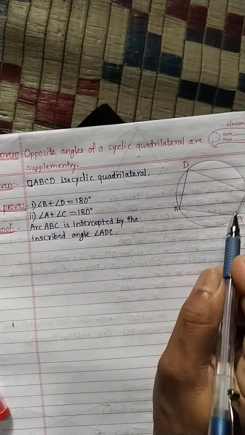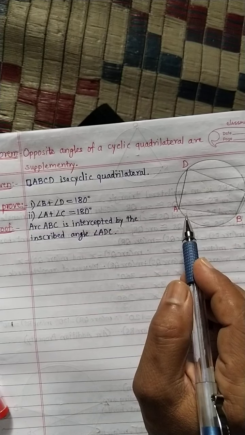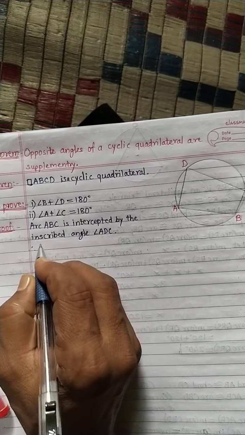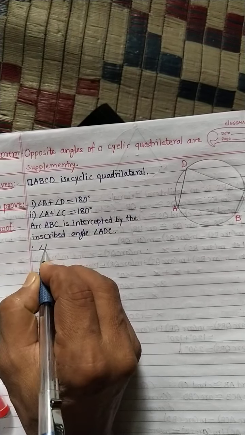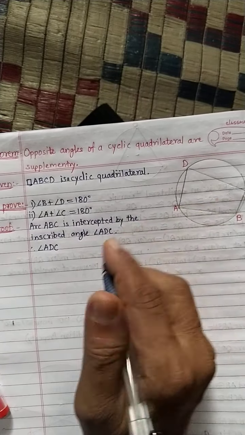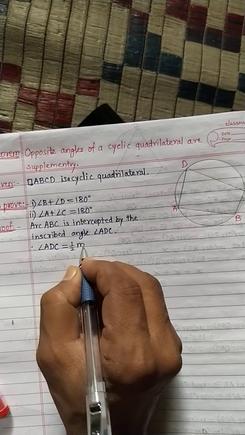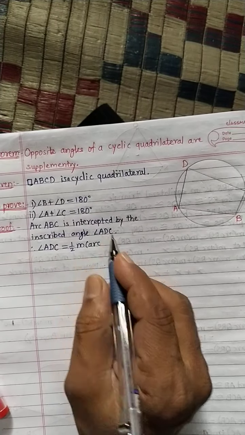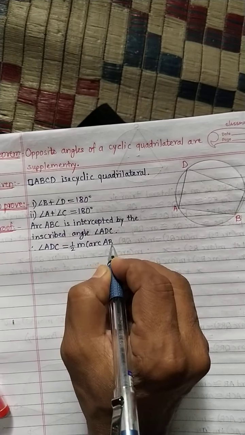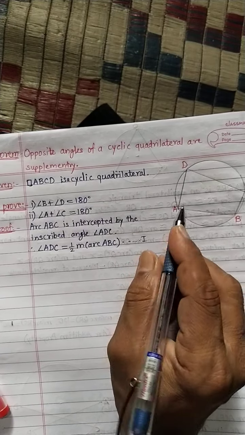Arc ABC is intercepted by the inscribed angle ADC here. So angle ADC is equal to half the measure of arc ABC. Here, number is 1.